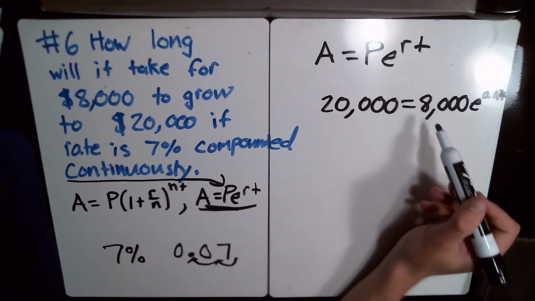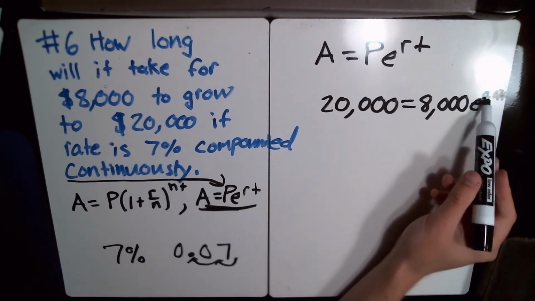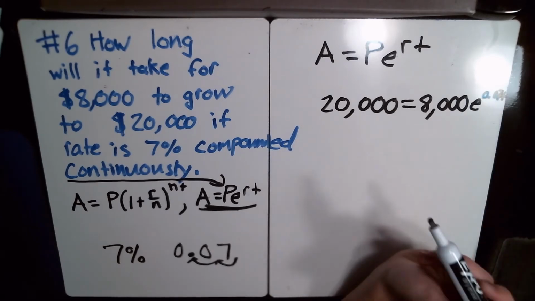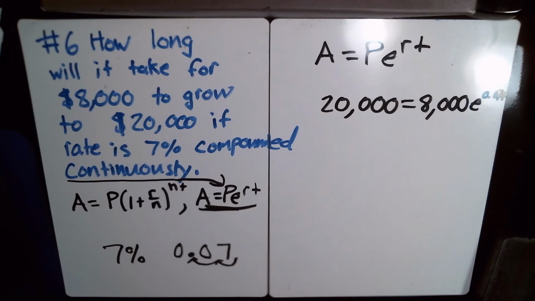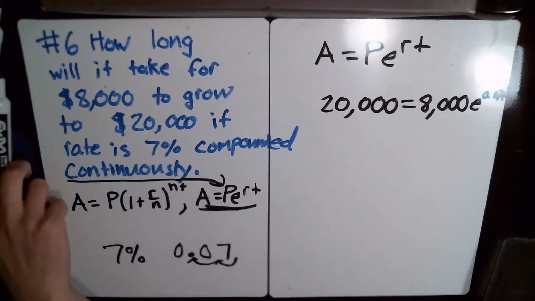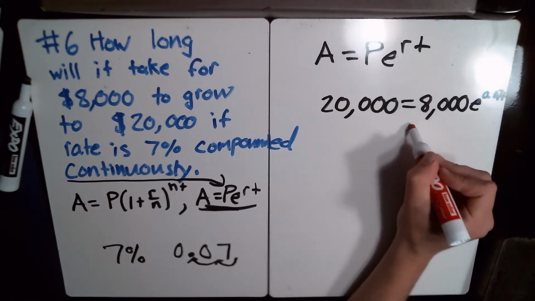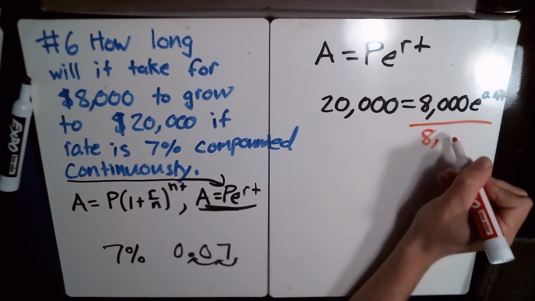So that's the situation we're dealing with. We want 8,000 times e to the 0.07 times t to equal 20,000. And I just want to solve for t, right? How long it will take for us to get there. Okay. So how do we solve this equation? Well, we'll start by getting the e to the x alone.